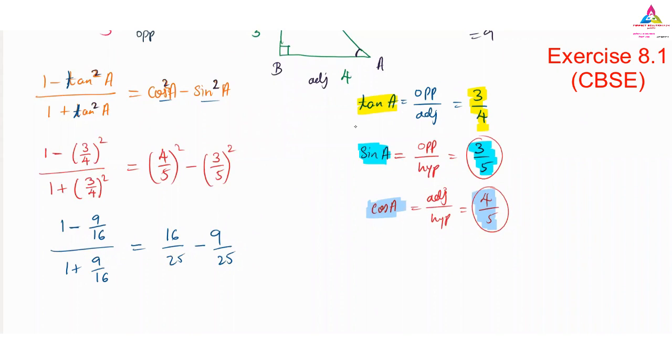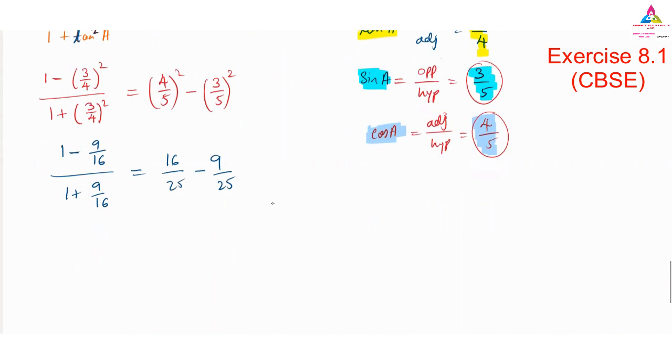Next, we have to move further. We have to take the LCM of 1 and 16, and here also the LCM of 1 and 16. The LCM of 1 and 16 is 16. So I take 16 up, and here we multiply: already it is 1, so I multiply with 16, and above also with 16. So there remains 16 minus 9, and 9 I write as it is.